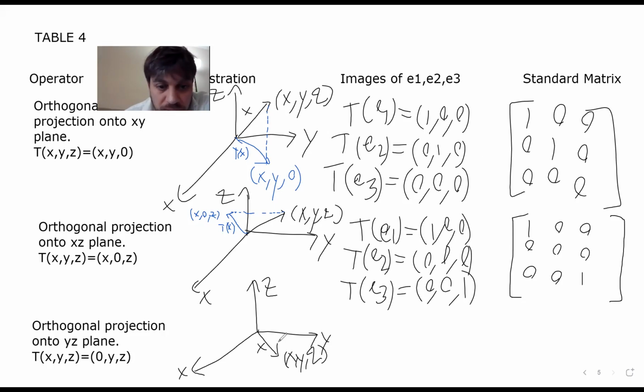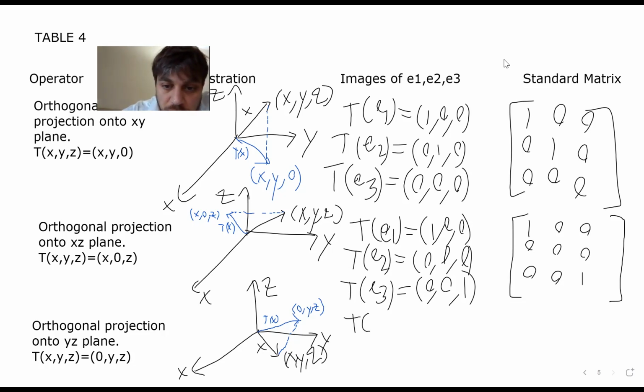If you project it onto the yz plane, you get something like this. You get a vector here. This is T of x, and its coordinates are 0, y, z. You're just making the x component, the first component, 0.